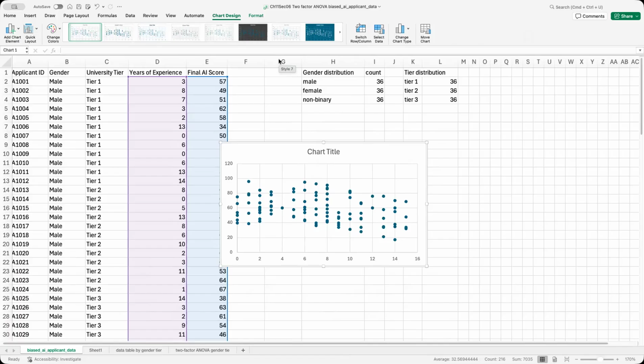And I would like to actually figure out whether or not having more years of experience raises my AI score or not, and if it does, by how much? Because that's something my ANOVA won't tell me. It'll tell me when you're in this category, your score is higher or lower, but it won't tell me how much it moves if I change category. This, I might actually be able to get a numerical relationship here.